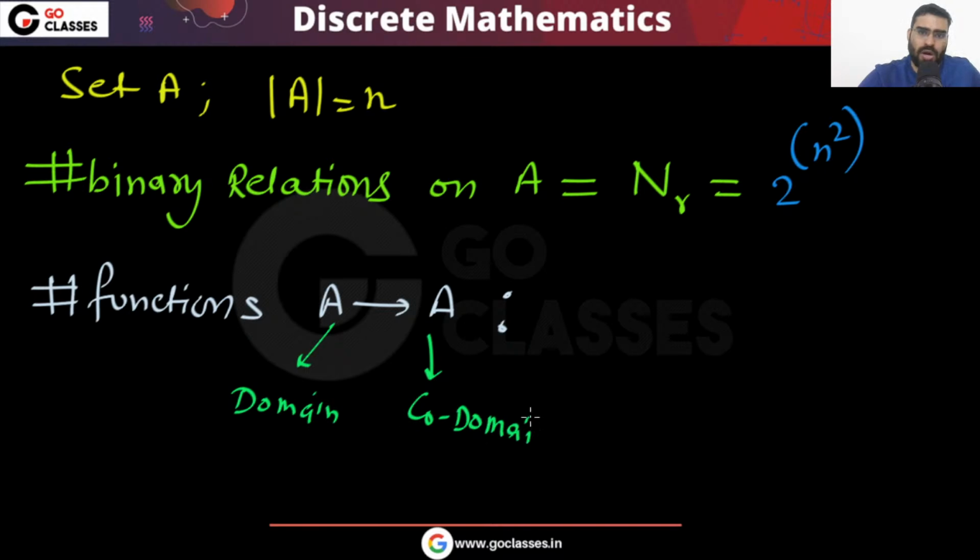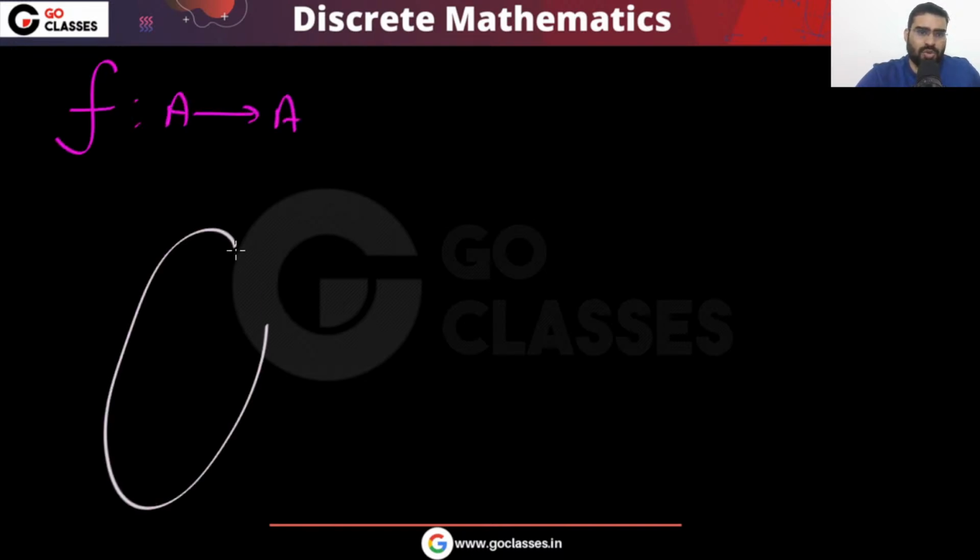So how many functions can we have from set A to set A? That is equal to n power n. What is the reason? Let me tell you. Let's see this function from A to A. You know that this is your set A.